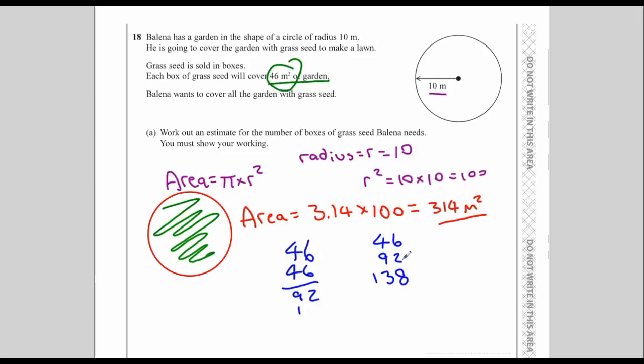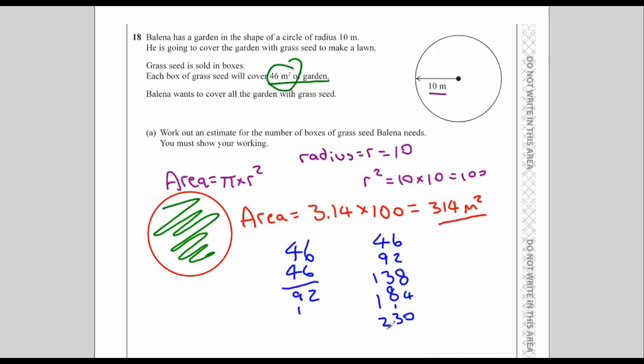138, add another 46 is going to give you 184, add another 46 is going to give you 230.